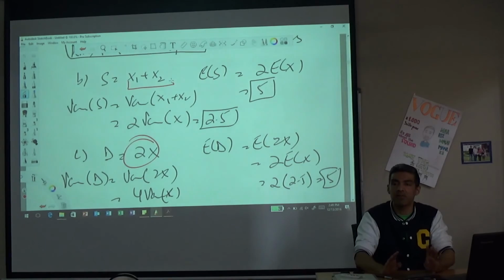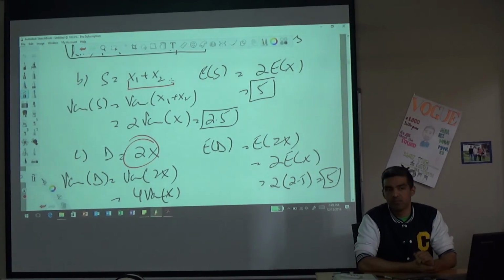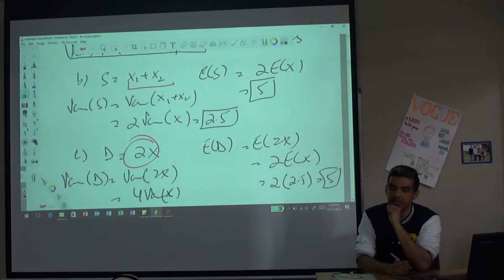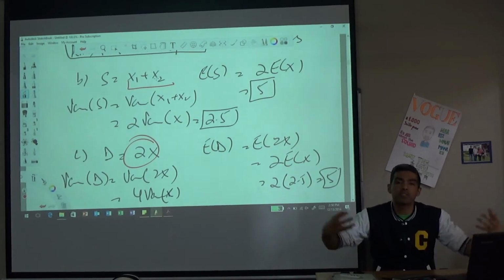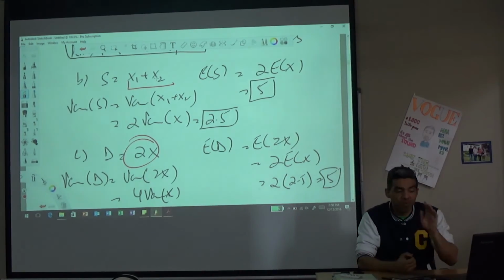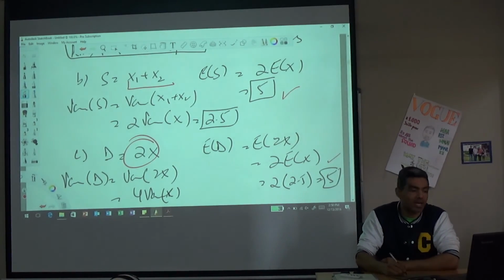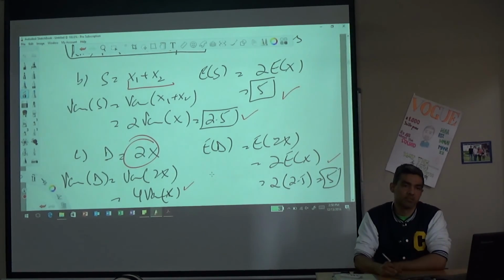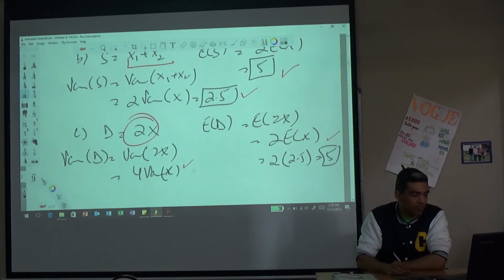In the world of random variables, these are two very different things. 2x is taking one instance and doubling it. x1 and x2 are taking two independent instances from the same random variable. It doesn't make a difference to the expected value, it makes a marked difference to the variance. Here the variance is 2.5 and here your variance is going to be 5.